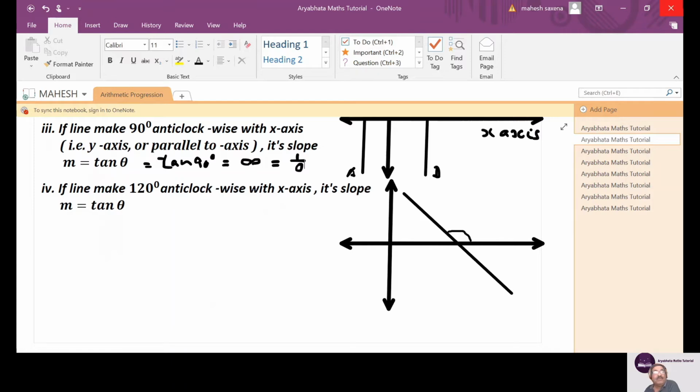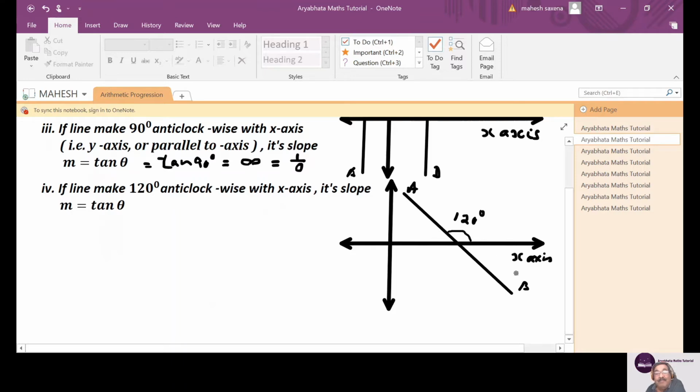Now we take the fourth example. Suppose a line AB makes an angle 120 degrees anti-clockwise with the x-axis.